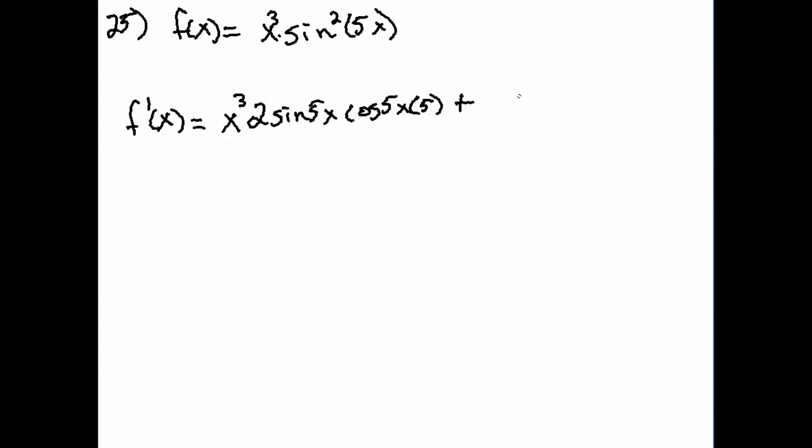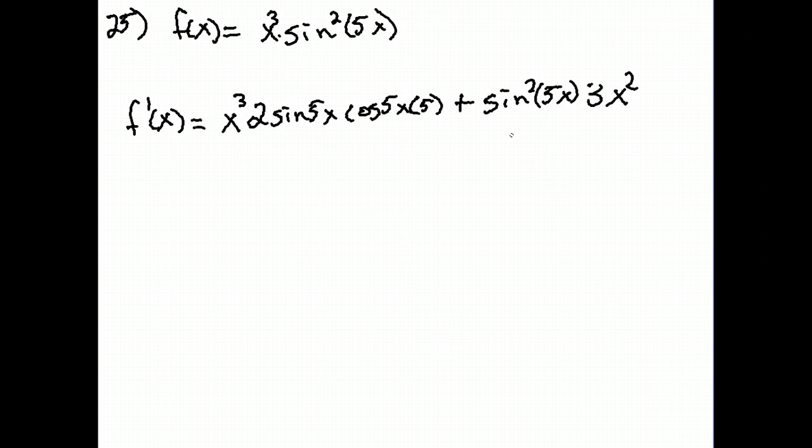Now let's look at the second half of our product rule here. We want to take the second function of sine squared 5x, and we want to multiply by the derivative of the first, which is 3x squared.